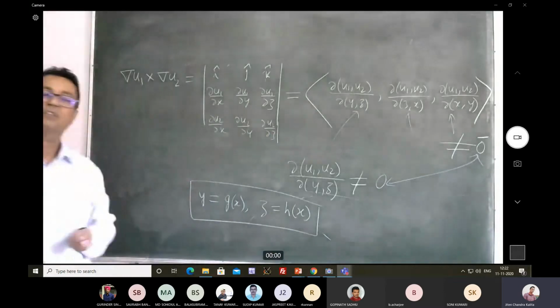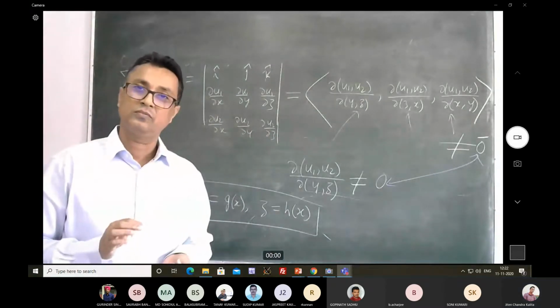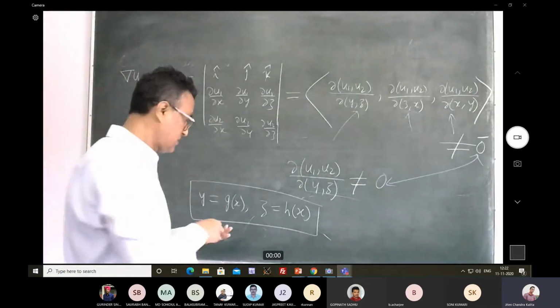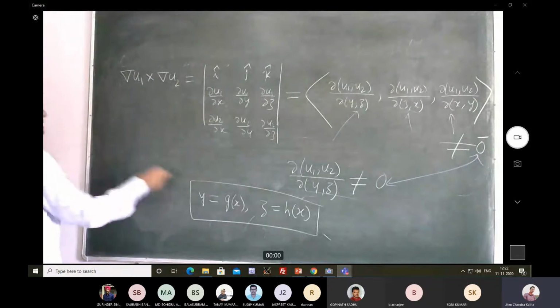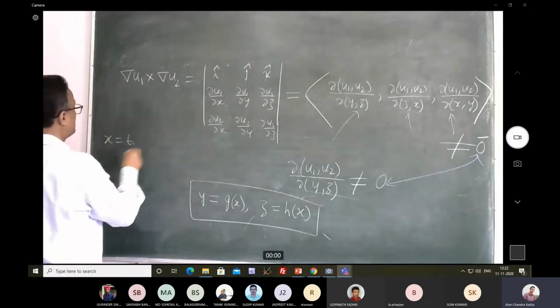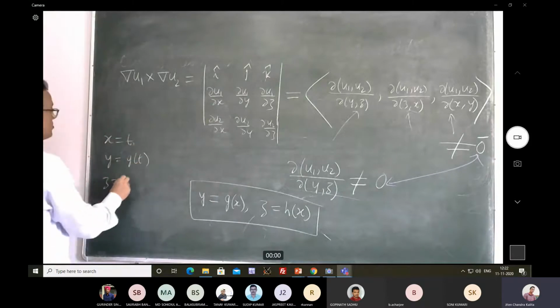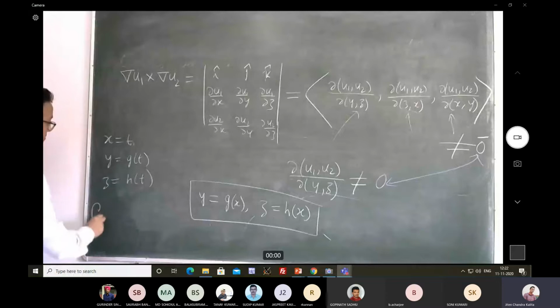Is it okay? Fine. So that means by simply parametrizing through x equal to t, then y equal to g(t) and z equal to h(t), I can define the curve C.